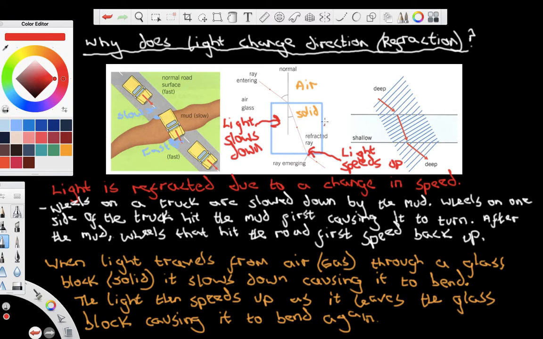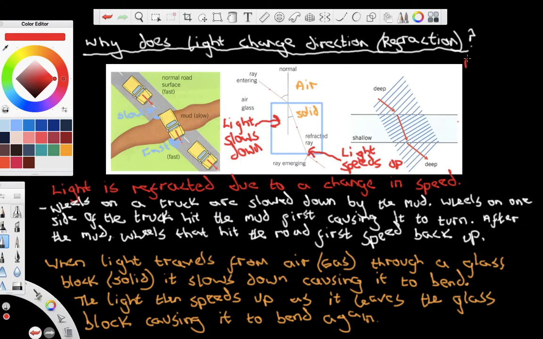So refraction, the bending of light, is caused by light slowing down and speeding up as it moves from one medium to another. So what I'm going to do is write that down somewhere. So we've got red, haven't we?